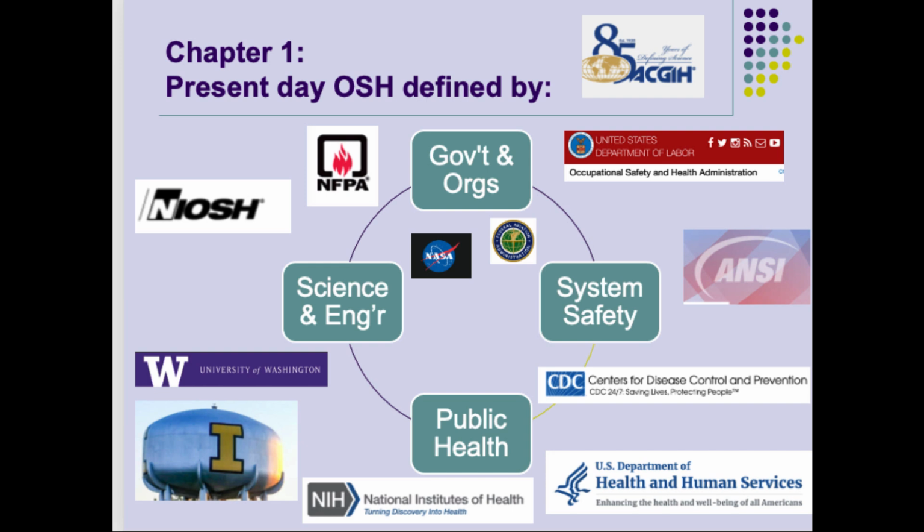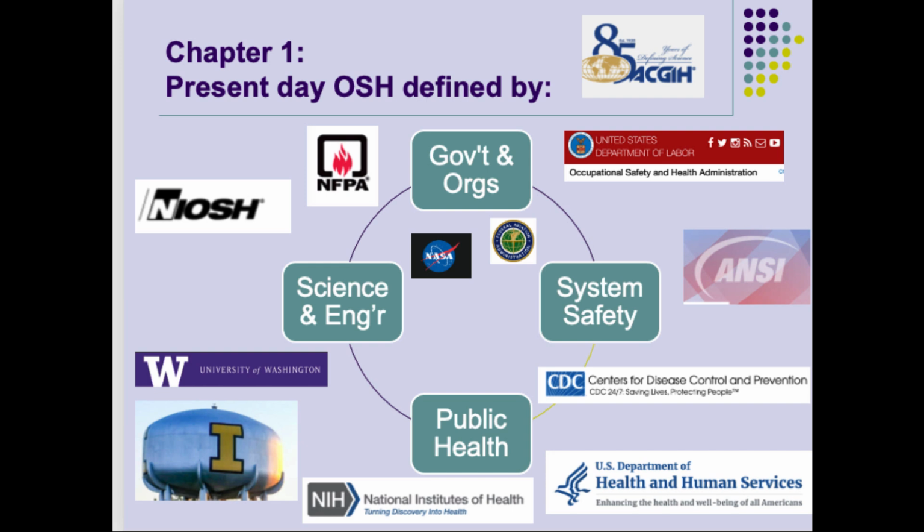But we have different contributions that come from our universities, science and engineering, as well as our public health sector. And system safety is a way that this all gets wrapped together, because it takes a look at not only the engineering requirements and techniques, but also programmatic and management requirements and techniques.